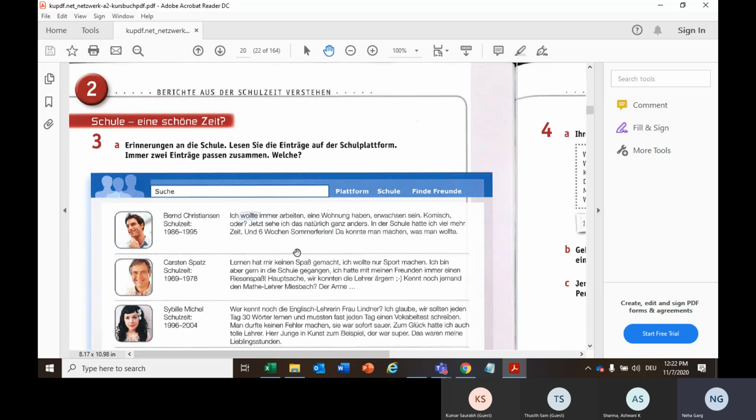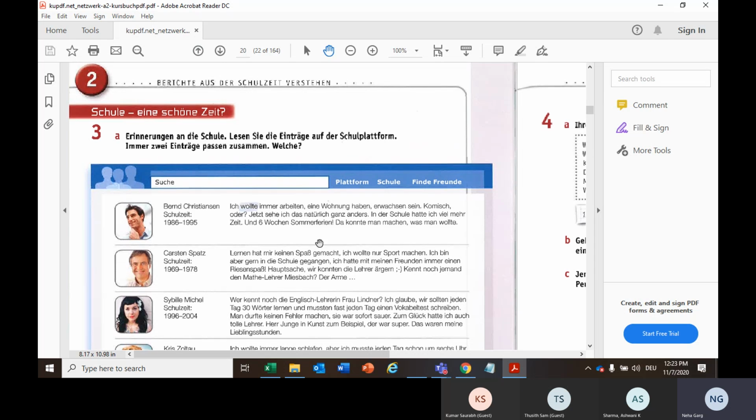Here there are some people who are talking about their school time. Since they are adults now, whatever they are talking about is in past tense. So Schule, eine schöne Zeit. School, a very nice time. Erinnerungen an die Schule. Erinnerungen means memories. So memories of the school time.